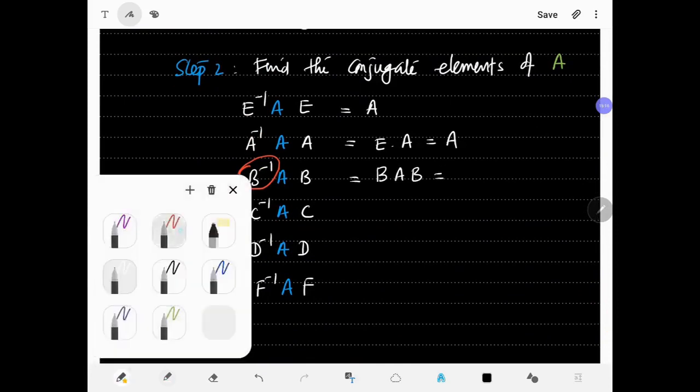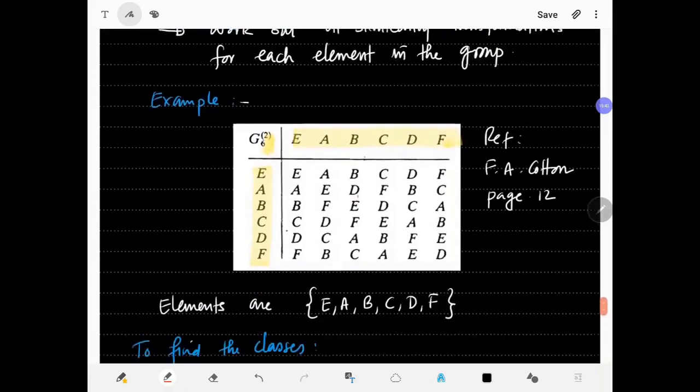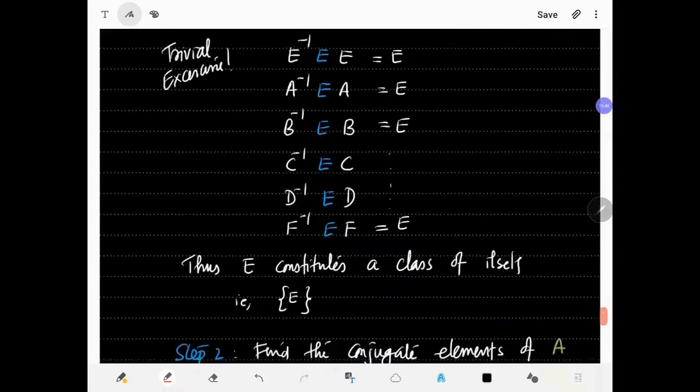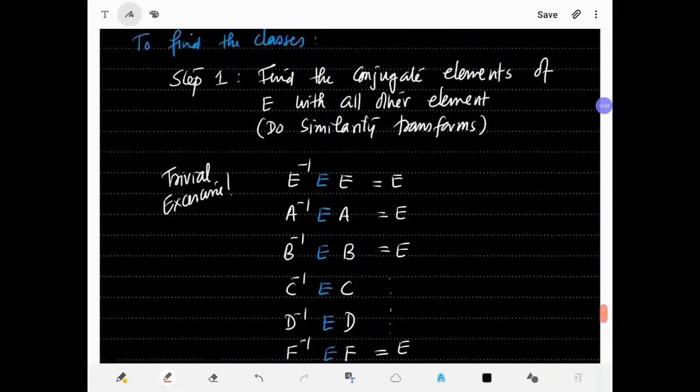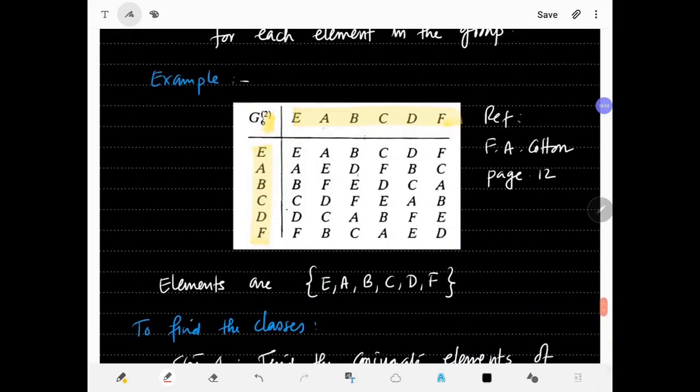Now you have to find the result of the combination AB. Again go back to the table. For AB, A should be the column element and B should be the row element.